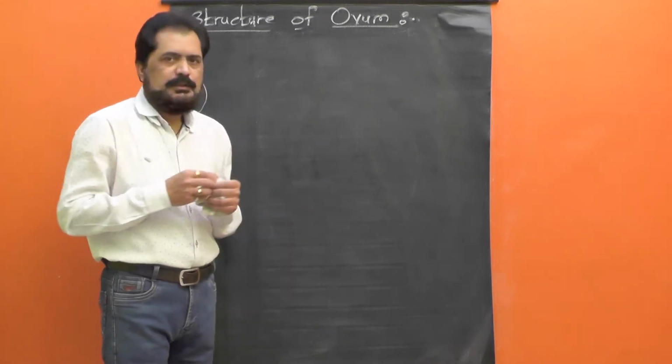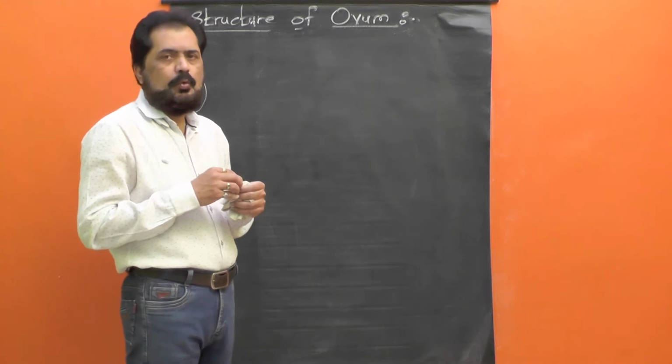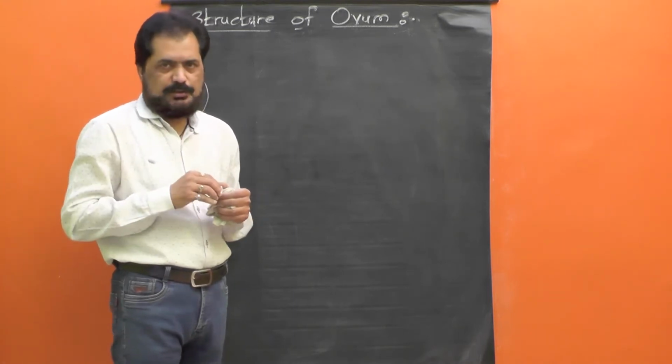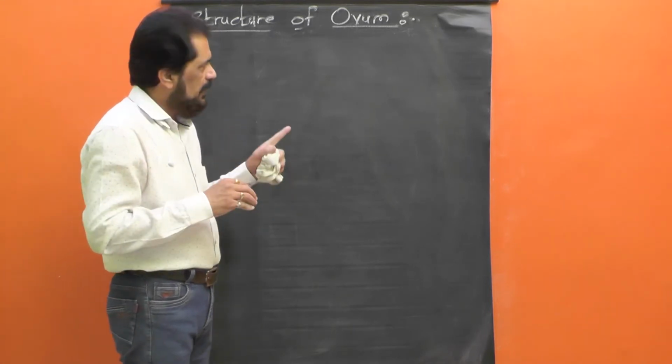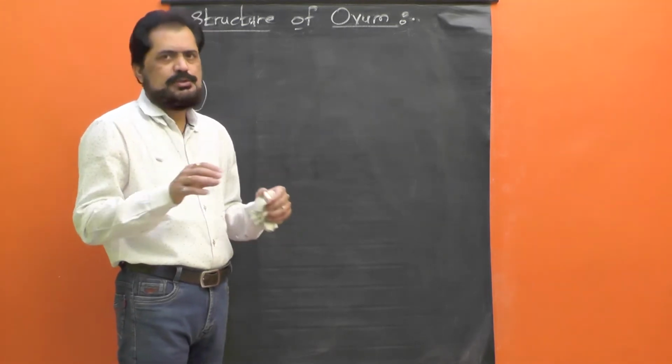We have seen that secondary oocyte gets converted into ovum only after sperm penetration during fertilization. So here we are going to study about the structure of secondary oocyte.